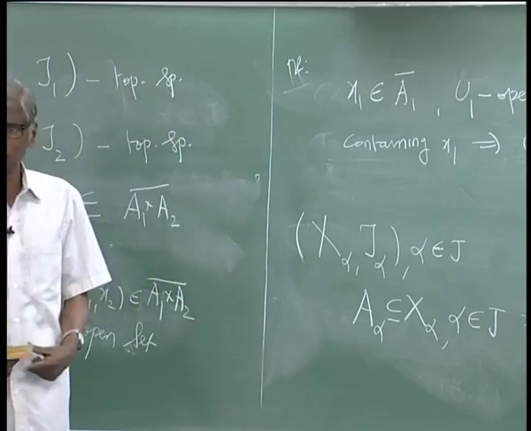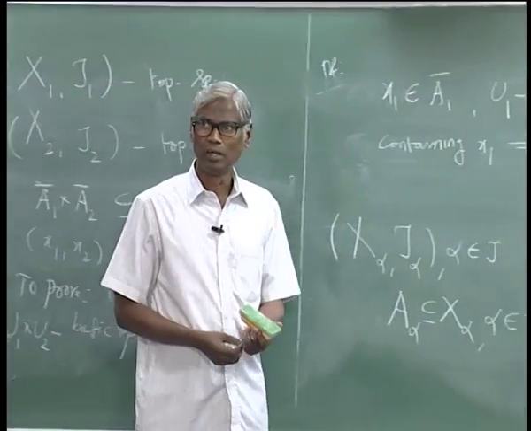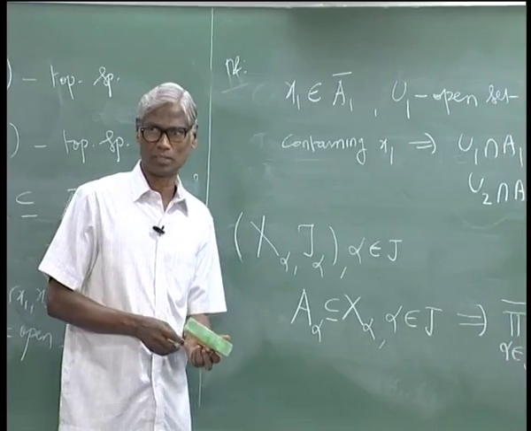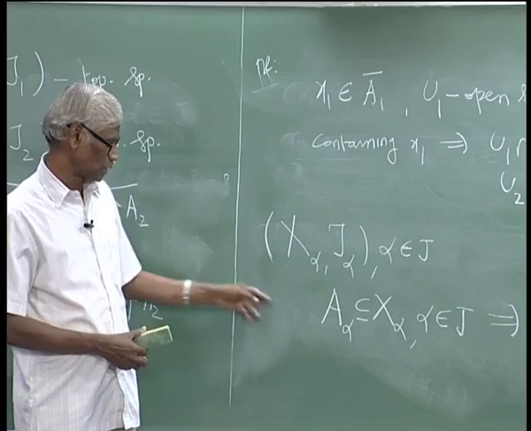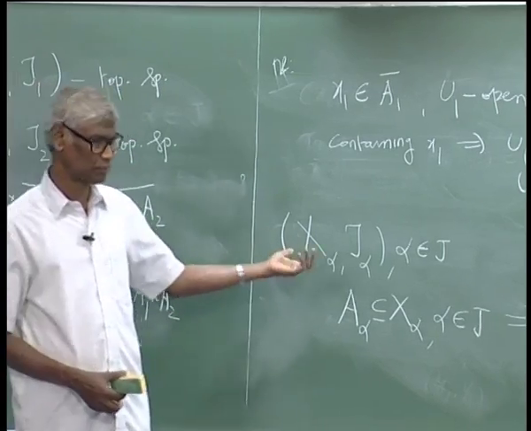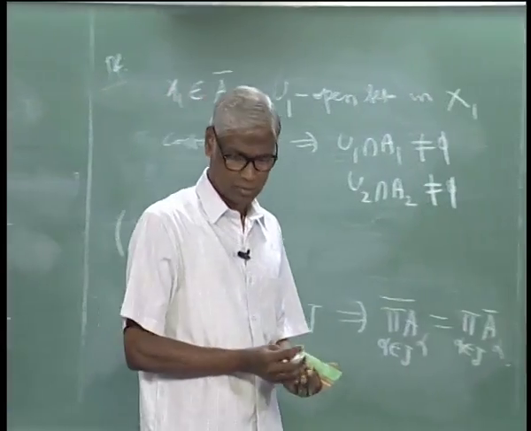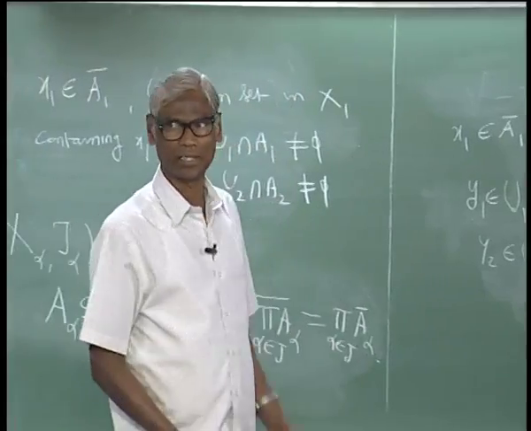And now we will introduce the concept called connected topological spaces, and there again we will come across the product space. The main result there is how to prove that the product of connected spaces is connected.